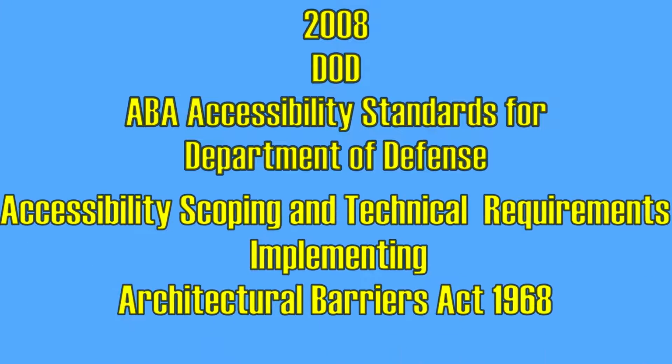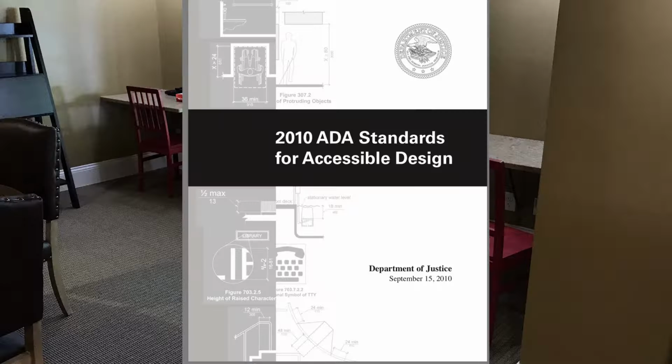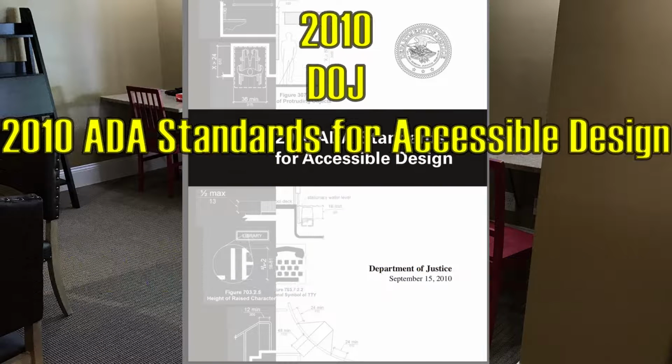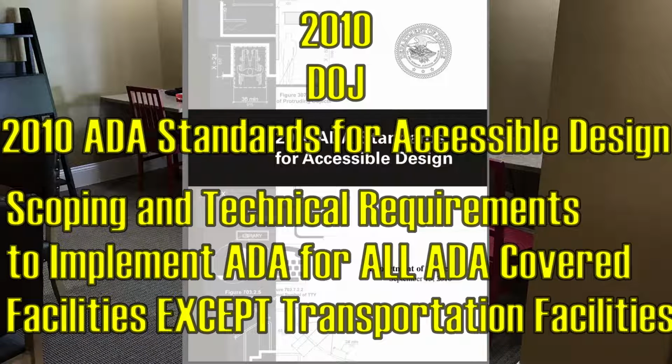It contains accessibility scoping and technical requirements implementing the Architectural Barriers Act of 1968. In 2010, the Department of Justice updated the ADA Standards for Accessible Design, the scoping and technical requirements to implement ADA for all covered facilities except transportation facilities.